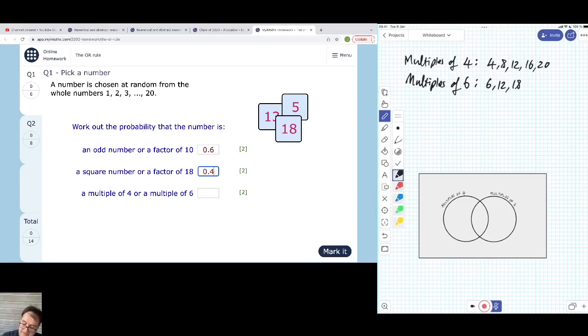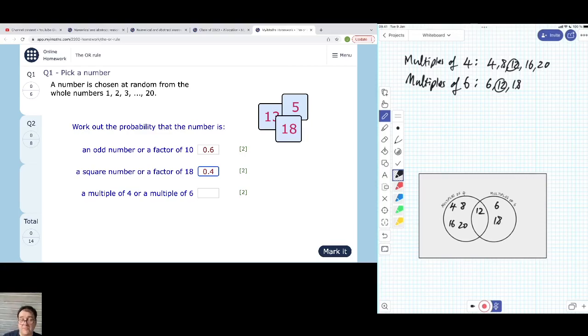Okay, so in a Venn diagram, we've got just the one number that's in both groups, and that's the 12. So 12 goes in the middle. And then the other multiples of 4 go in the circle on the left. 4, 8, already got 12, 16 and 20. And then the multiples of 6, so 6, already got 12 and 18.